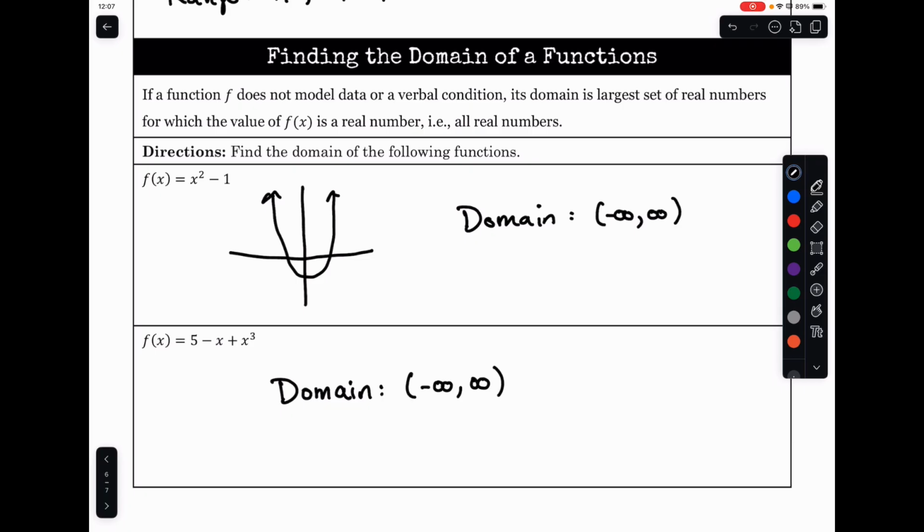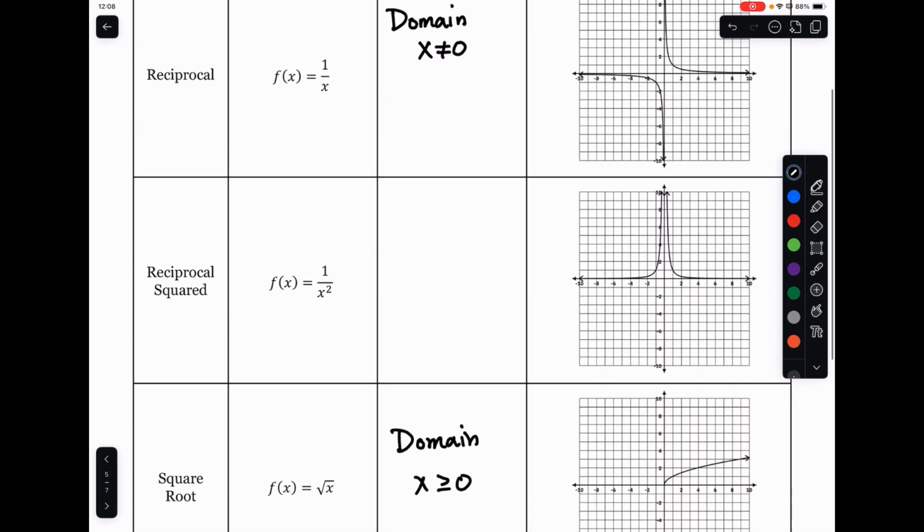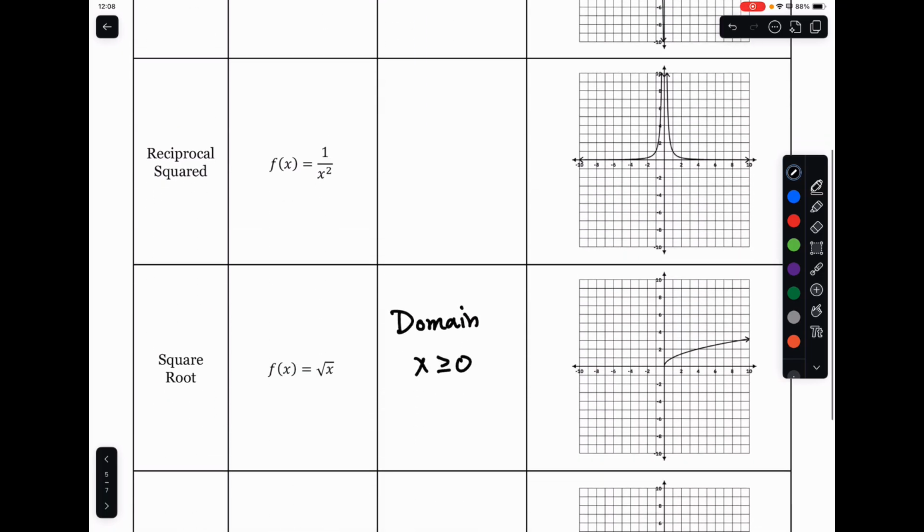Now, there are two functions that we're going to be studying today that do have restrictions on the domain. The first one is the reciprocal function, aka the rational function, and the second one is the square root function. So let's review those. These are the reciprocal function, whether it's the reciprocal that we have here or the reciprocal squared function, and the square root function.